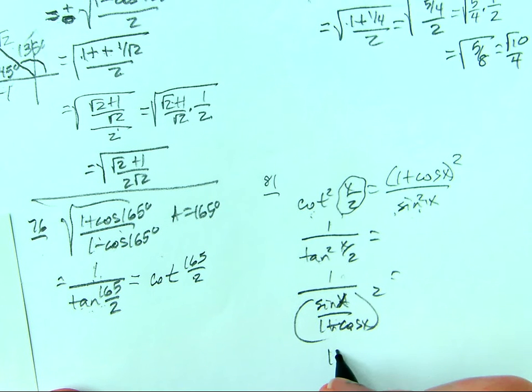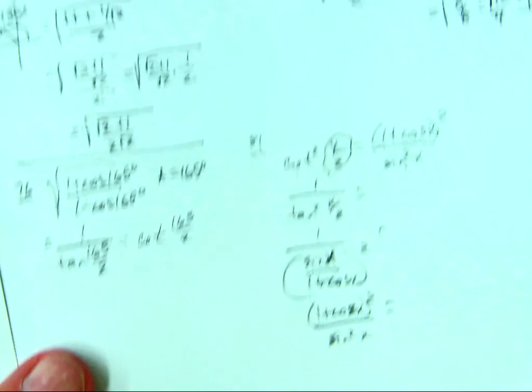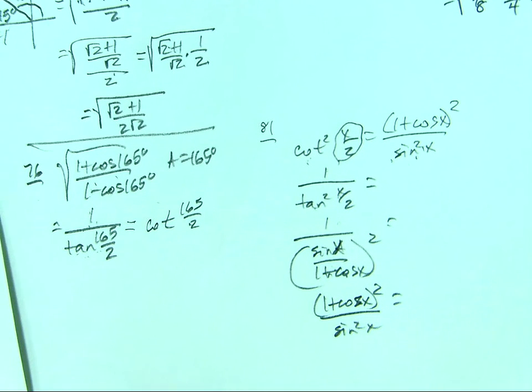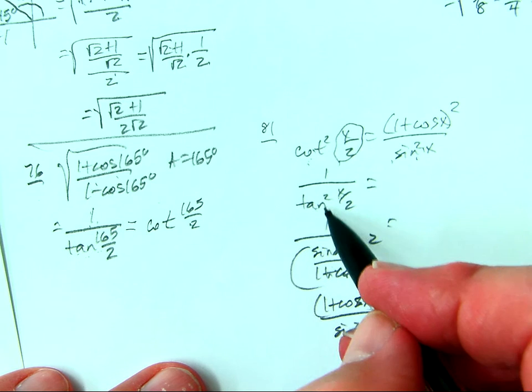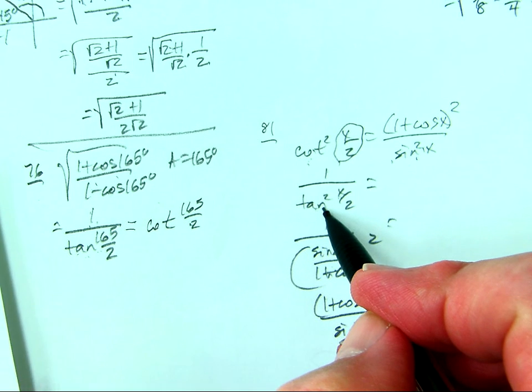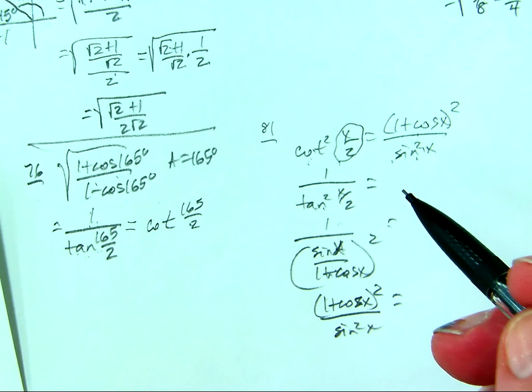So that puts 1 plus cosine x squared on top, and that puts the sine squared on the bottom. So now it matches. So again, you look at this as cotangent, and we can do the reciprocal for tangent. Then the only tricky part is which one to pick, because you want to match the other side. So we just picked one that would match the other side.